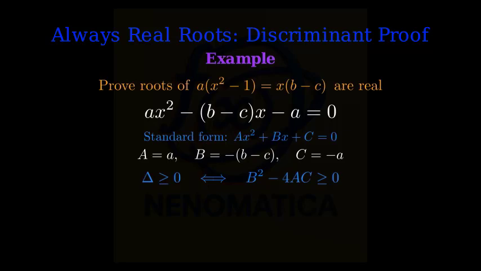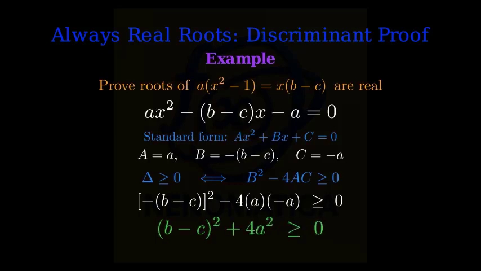Step 3. Substitute a, b, and c into the discriminant and simplify. Substituting gives [−(b − c)]² − 4 · a · (−a) ≥ 0. That simplifies to (b − c)² + 4a², which is greater than or equal to 0.